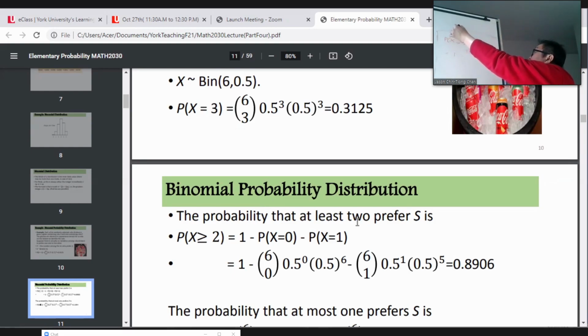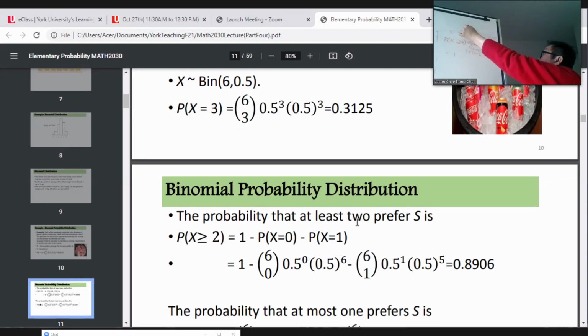Probability of 1, that means x equal to 0, 1, 2, 3, 4, 5, 6. Yes? Now we don't want to use this way because it consumes a lot of time. So we do the complement, the opposite. So 1 minus, you want 2, 3, 4, 5, 6.